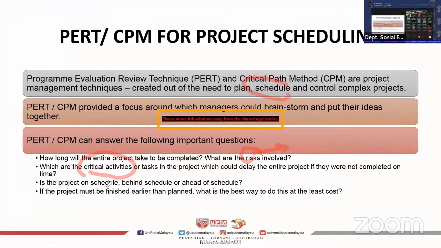Is the project on schedule, behind schedule, or ahead of schedule? Based on PERT, we will know whether the project or the production is on schedule, behind schedule, or ahead of schedule. So if the project must be finished earlier than planned, what is the best way to do this at the least cost? Because every project needs to deal with cost.